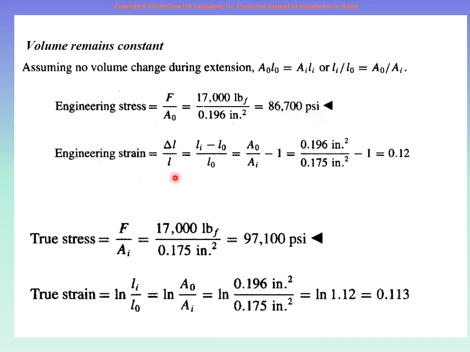Engineering strain is delta L upon L naught, which is Li minus L naught upon L naught, so it is Li upon L naught minus 1. So it is A naught upon Ai minus 1. So now you have engineering strain. And true stress is of course force upon current area. True strain is ln of Li upon L naught, which is ln of A naught upon Ai, right?